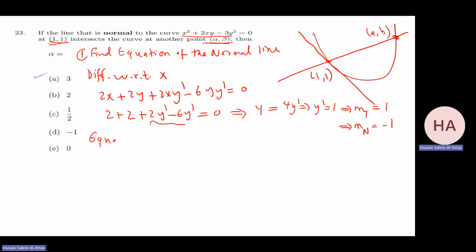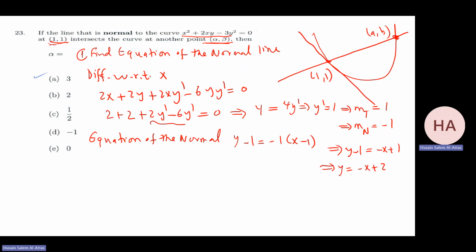What will be the equation of the normal? y minus 1 equals minus 1 times x minus 1. In other words, y minus 1 equals minus x plus 1, so that implies y equals minus x plus 2.